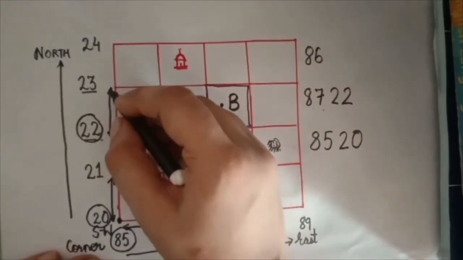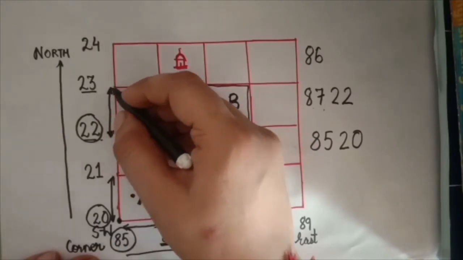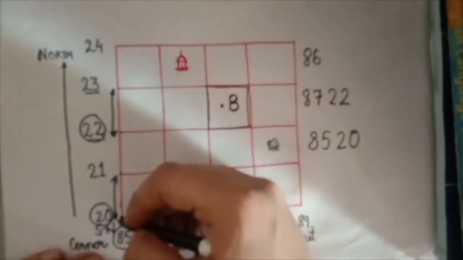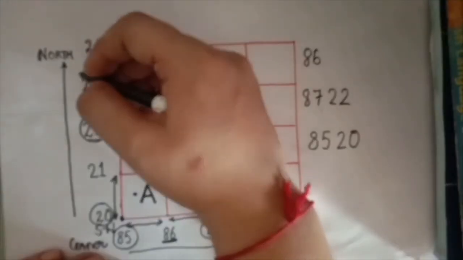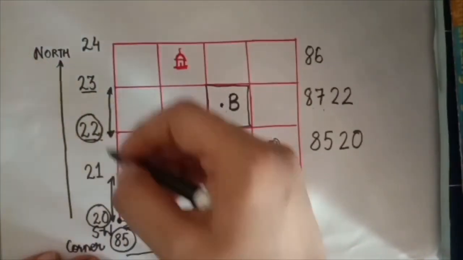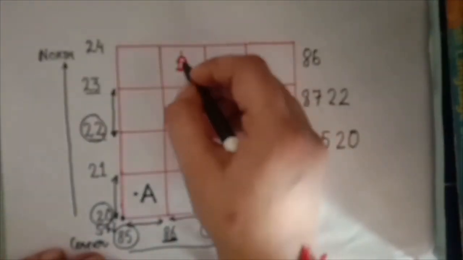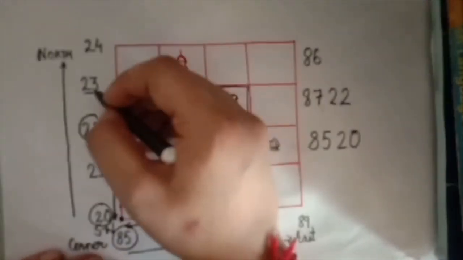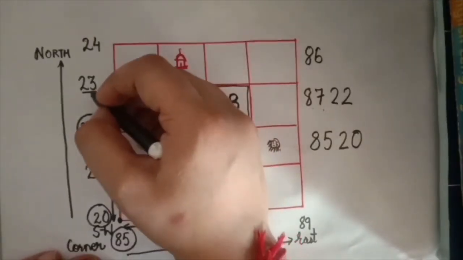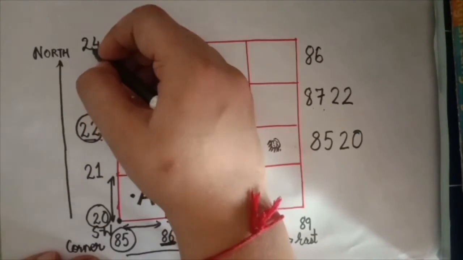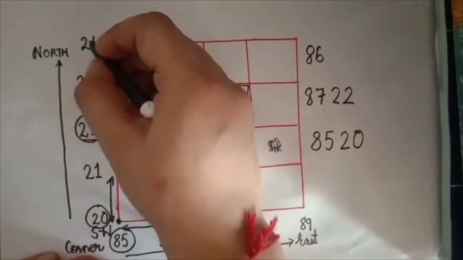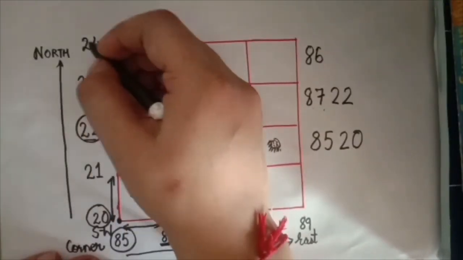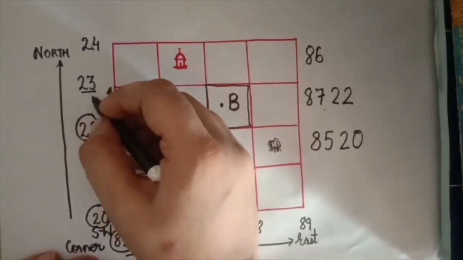Now, the next step is to find out its northings. So, we'll locate towards the north of the southwest corner. We can see that the temple lies between the northings 2-3 and 2-4. Which is the lower value among 2-3 and 2-4?